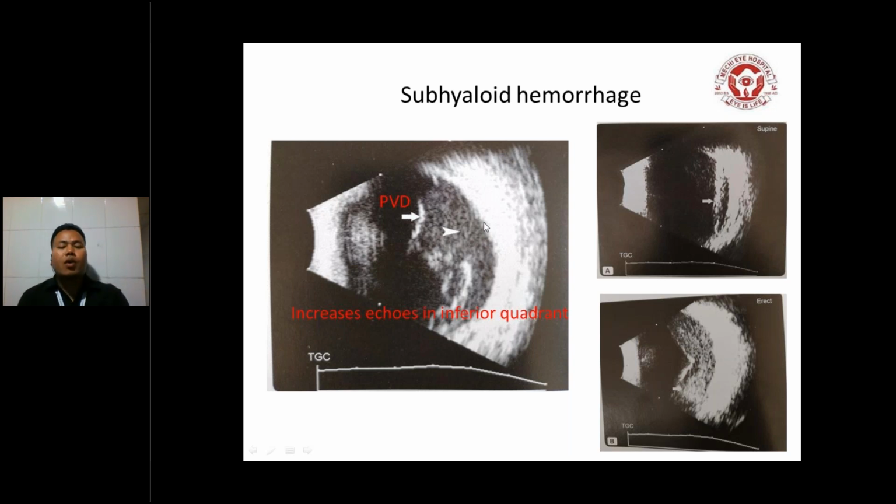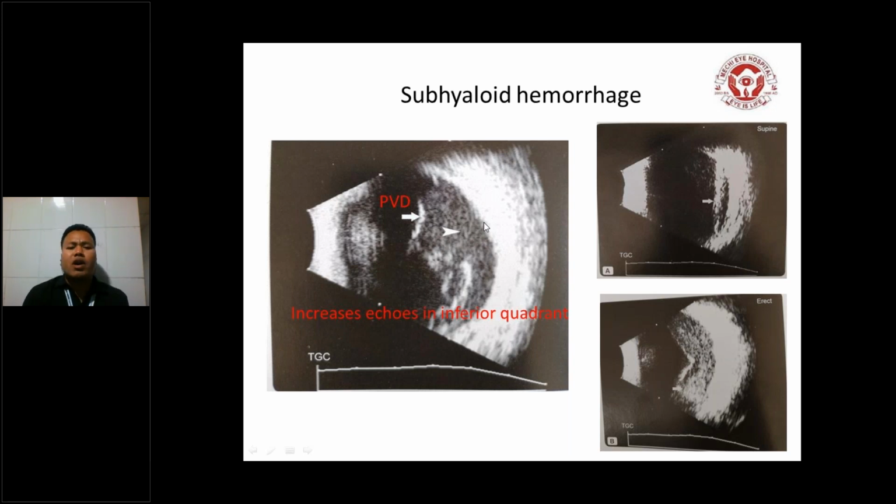So if there is subhyaloid hemorrhage or vitreous hemorrhage, if you do a scan in the inferior quadrant or in erect position, the echoes move downward. So this is the technique you can use to differentiate whether it is vitreous hemorrhage or something else.